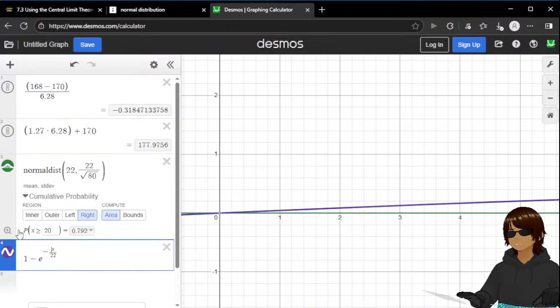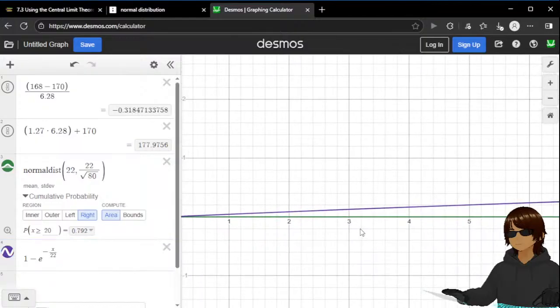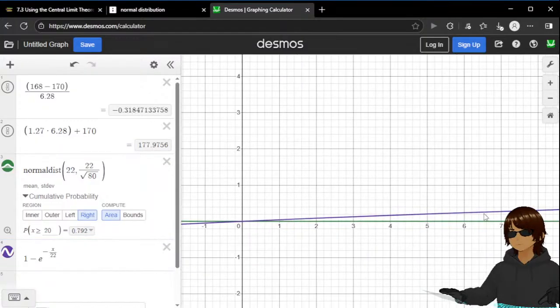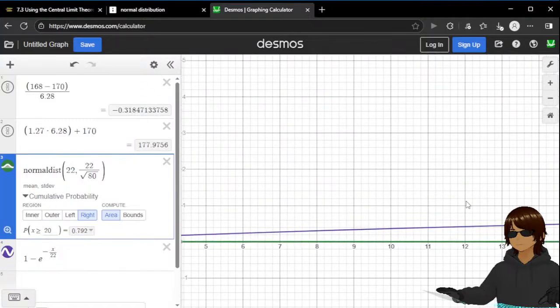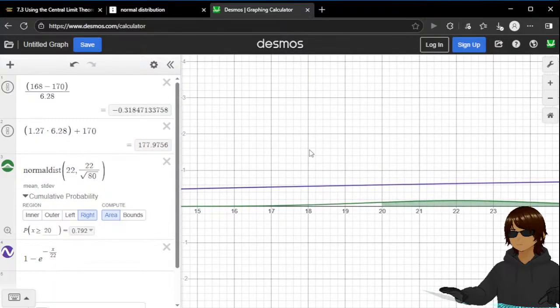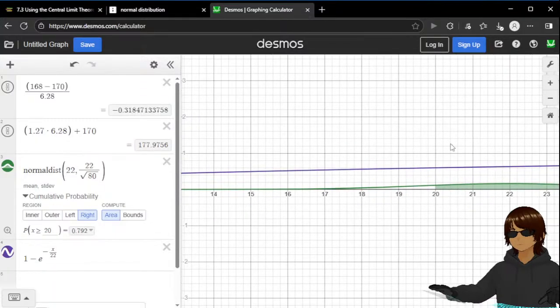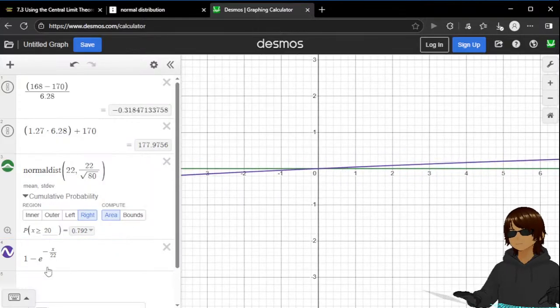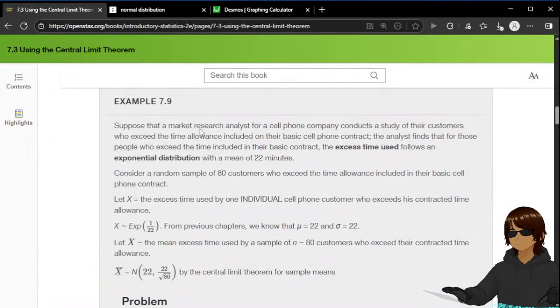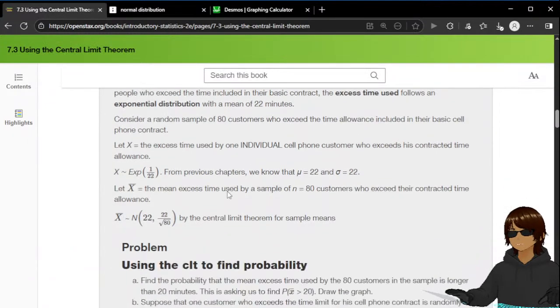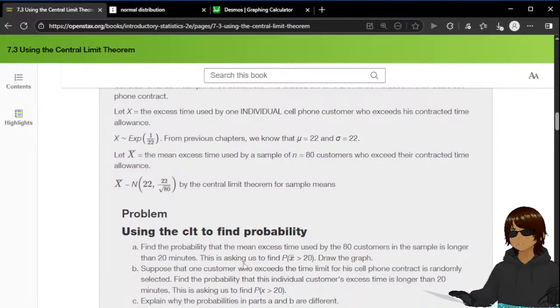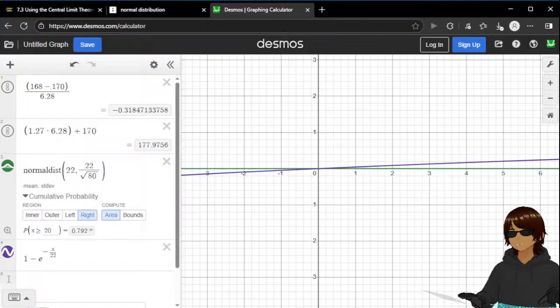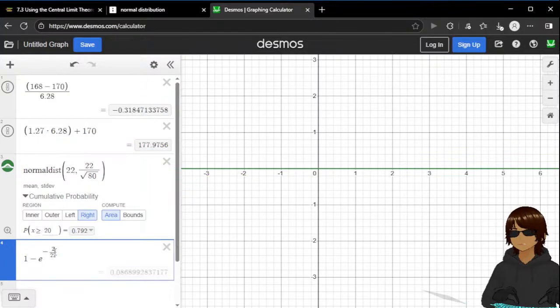This is the cumulative, right? Anyways, if we input 20, that is not the answer.